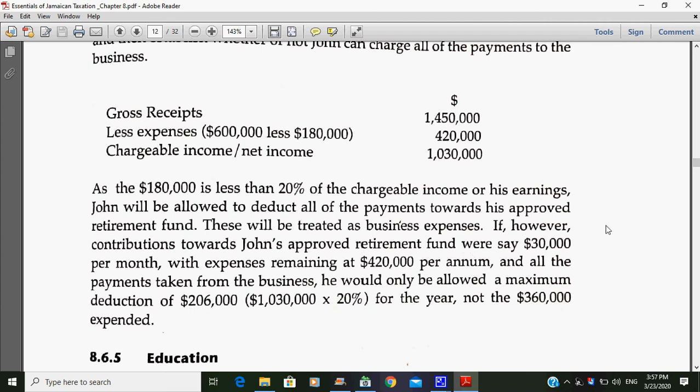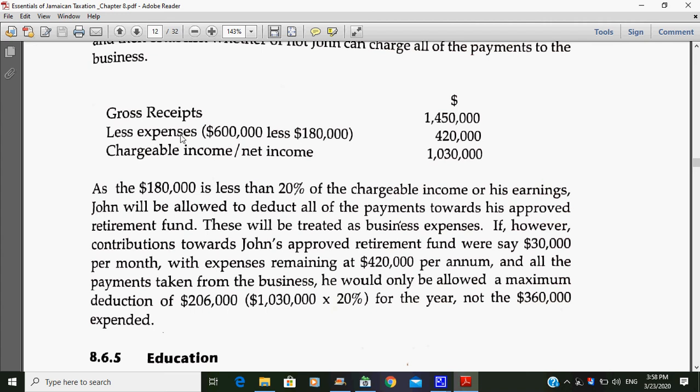If, however, contributions towards John's approved retirement fund were, say, 30,000 per month, with expenses remaining at 420,000 per annum, and all the payments taken from the business, he would only be allowed a maximum deduction of 206,000, which is 20% of 1,030,000 for the year, not the 360,000 expended.